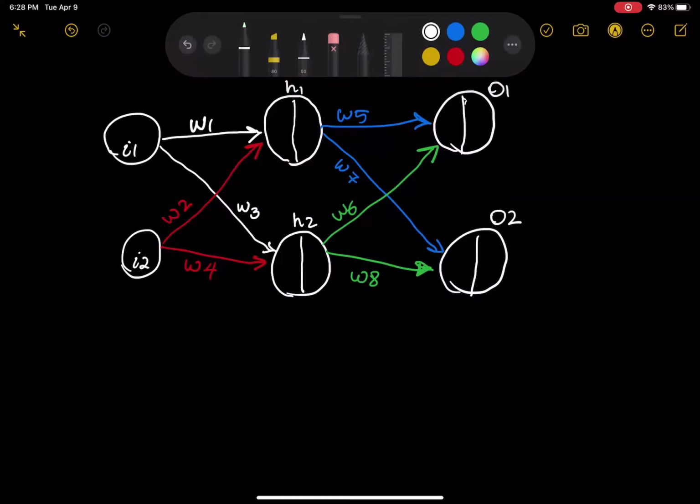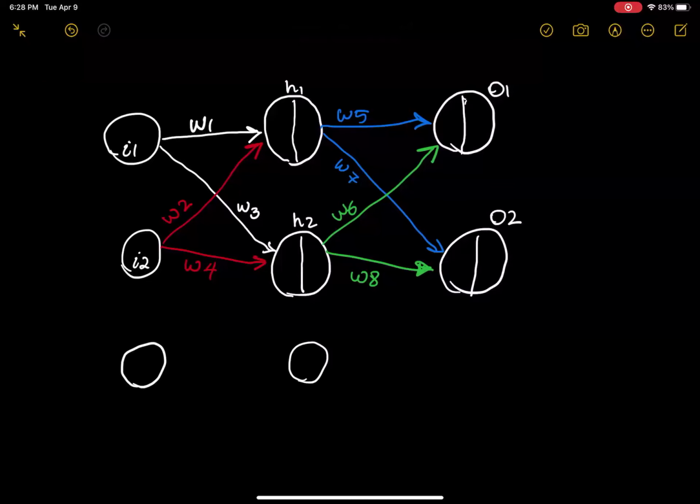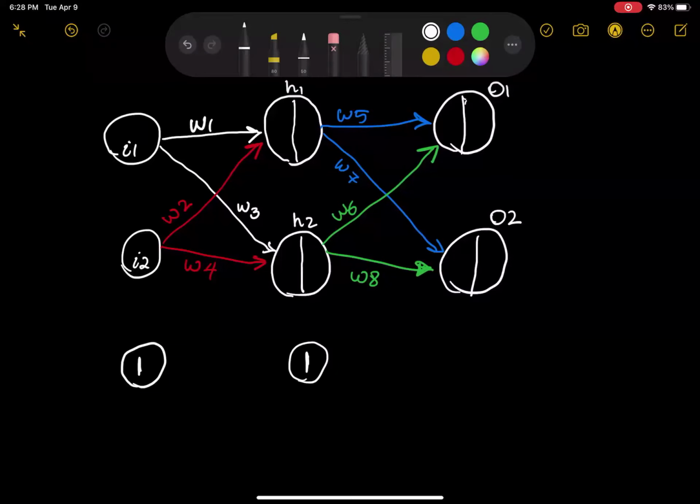I'm going to add two more nodes here. One node here, one node here. These are my biases. So bias always has the content of 1, as you see here. Right now I'm going to use this funky black and white. One there, one there, one here, and one here. And their corresponding values are going to be similar.